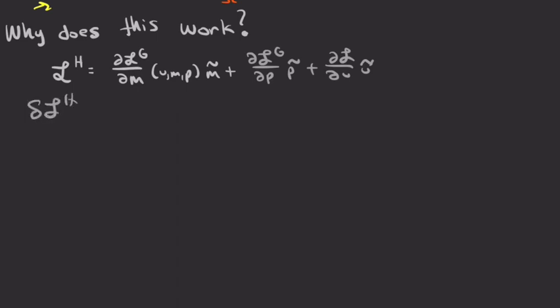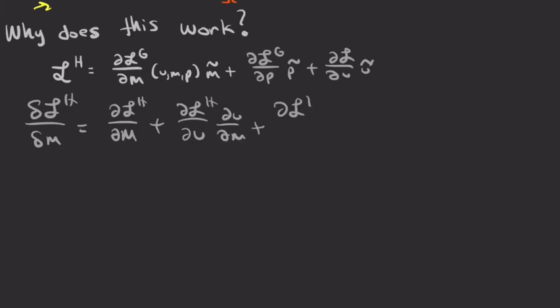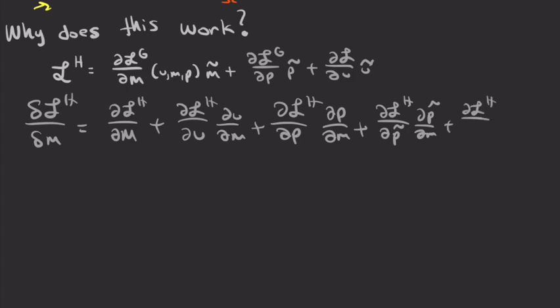So if I take this full derivative, this is partial Lagrangian h with respect to m plus partial Lagrangian with respect to p tilde, partial m, and finally plus partial h partial u tilde, sorry, partial m.